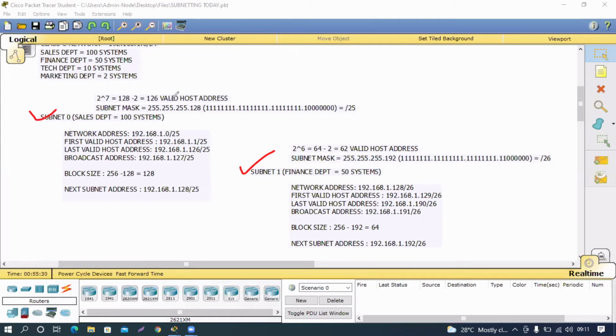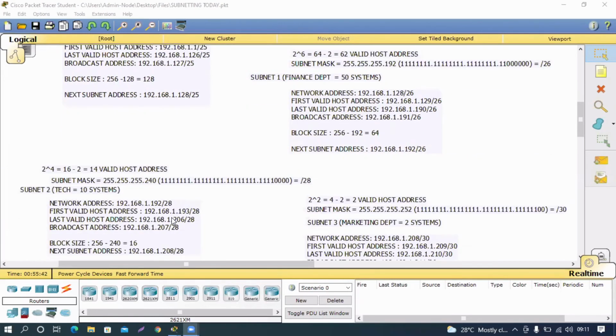So if you have understood these two requirements, can you tell me the remaining two requirements? Can you explain this? This is what exactly I have done. Can anyone explain this to me?